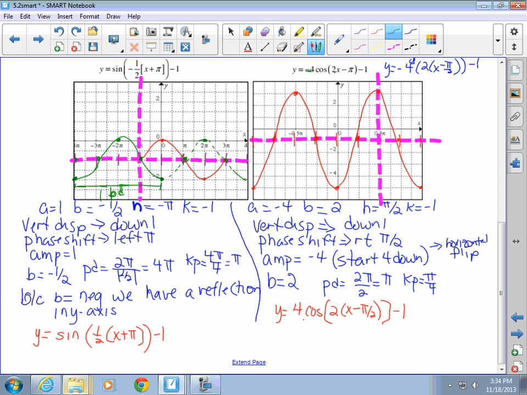So 1, 2, 3, 4, 0, and then 1, 2, 3, 4, back to 0, and then 1, 2, 3, 4, 0, 4. So my graph would go like that. So the green graph is this equation here.